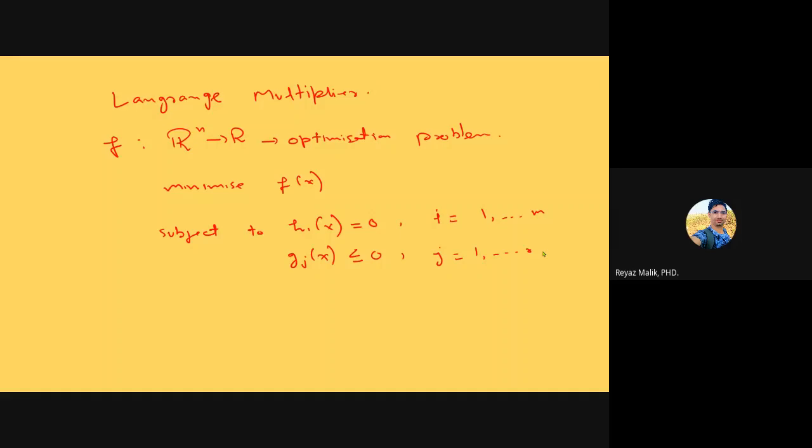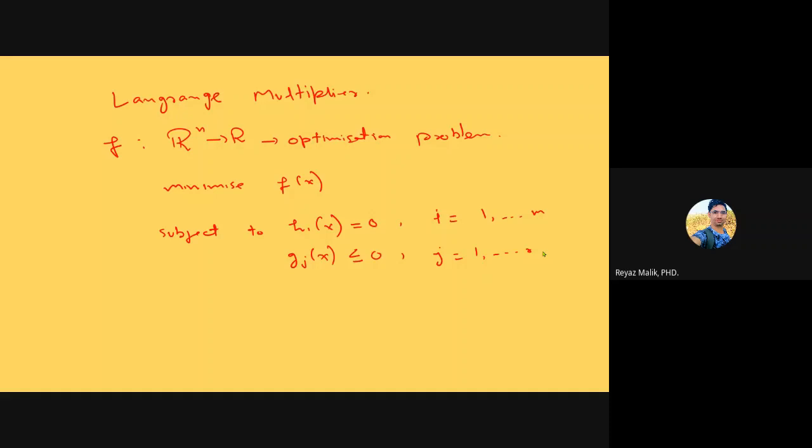Then what is the definition of the Lagrangian multiplier? Till now we have learned only one variable x and only one Lagrangian multiplier. Now we will define it with respect to more than one Lagrangian multiplier.